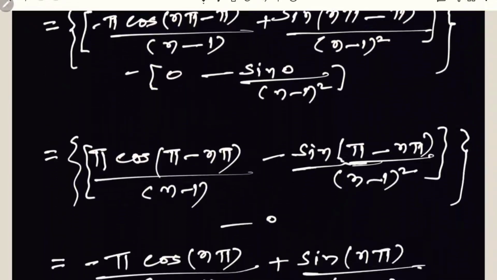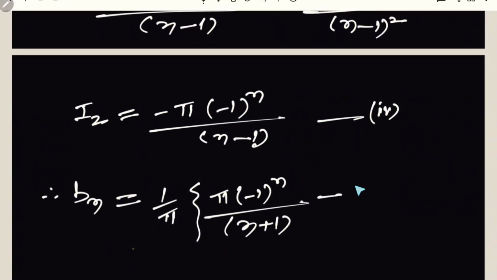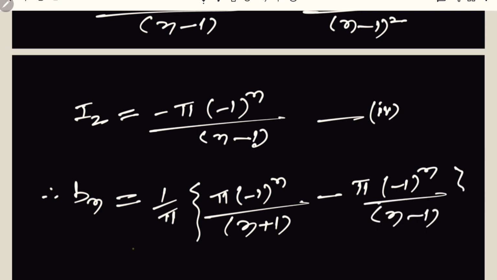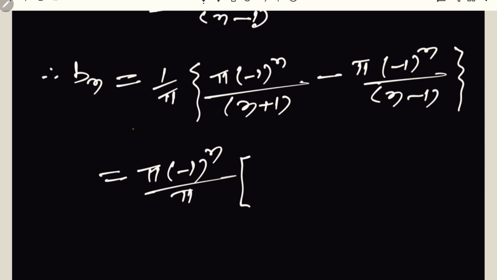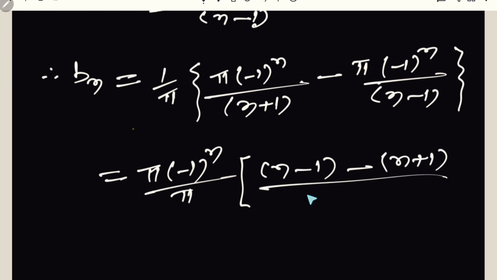I2 is again pi into (minus 1) raised to n, it is not minus sign, it is with plus sign, and n minus 1. Therefore, from these two terms, I can take pi into (minus 1) raised to n common, whole divided by pi. Remaining terms, cross multiplying, we get n minus 1 plus n plus 1, and divide by n square minus 1.